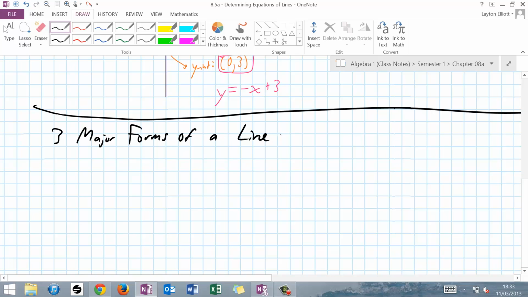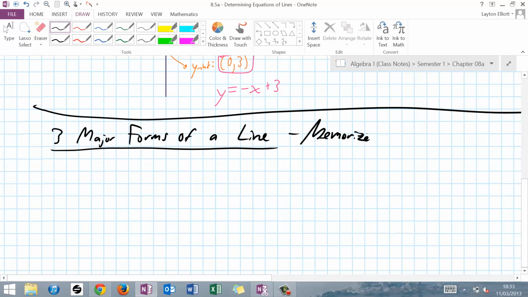Since we're putting on a cheat sheet, this is something that I want you not only to understand, but also to memorize. This you must know for this course and for everything that follows. I'm going to repeat, it is not acceptable to not know these things that we're going to talk about here. Number one is just going to be slope-intercept form. It is the form of a line you get when the line is set equal to y.